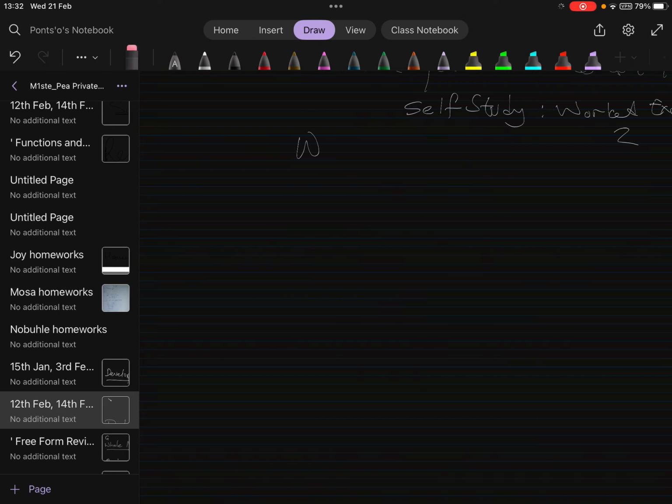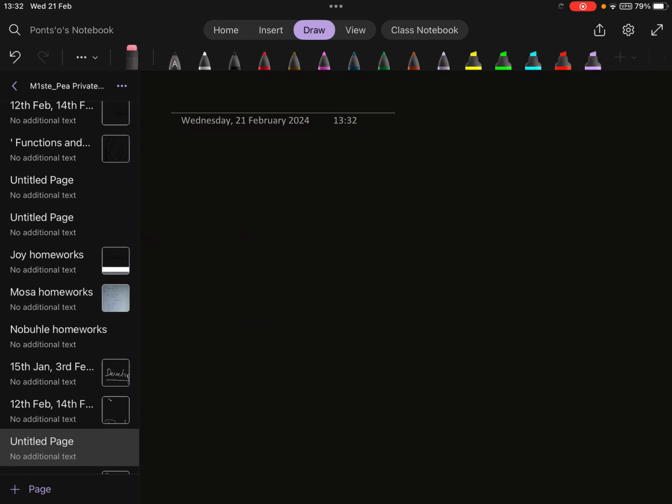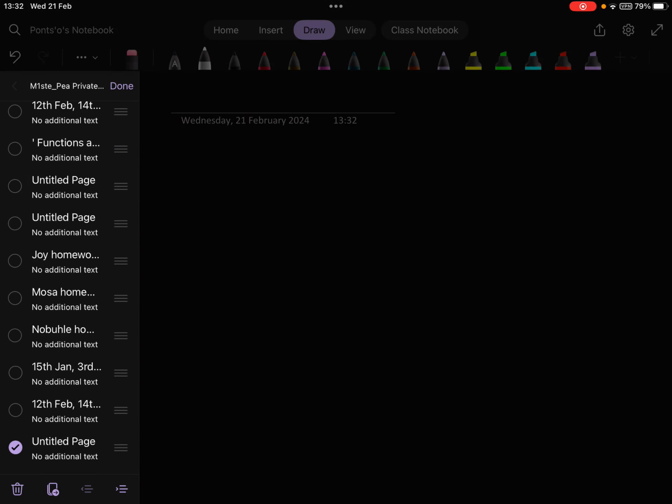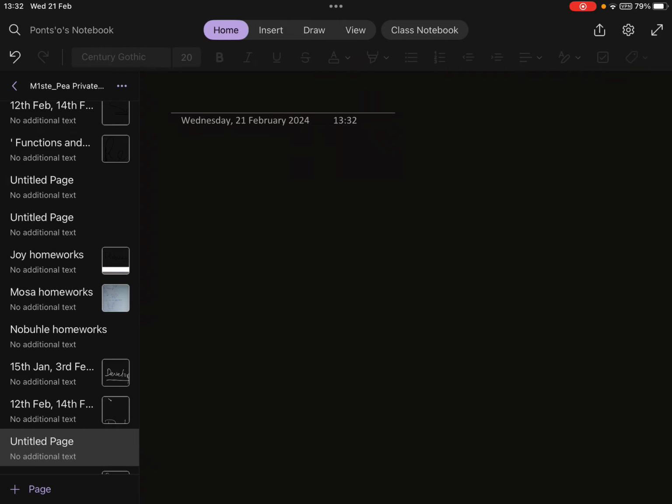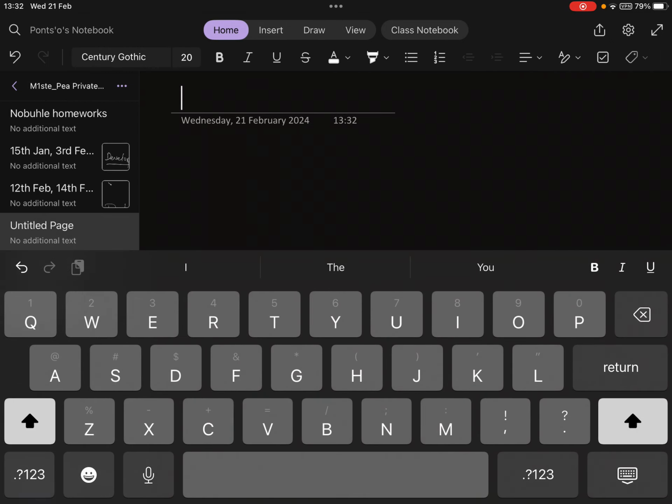Okay. Right, so today we are doing physics. I'm gonna start a new notebook, and I'll call it... let's rename this. I don't know what to rename it. How do I rename it?